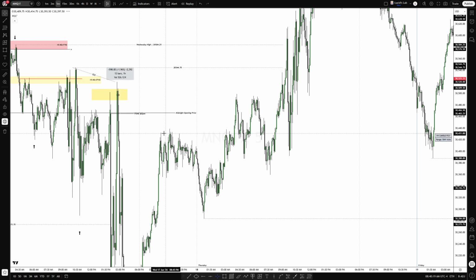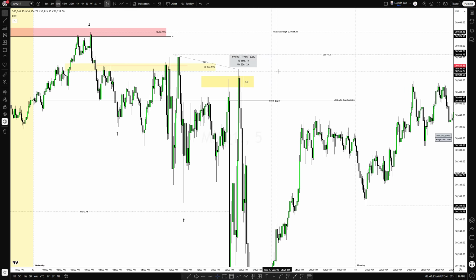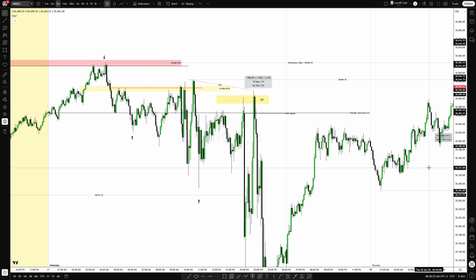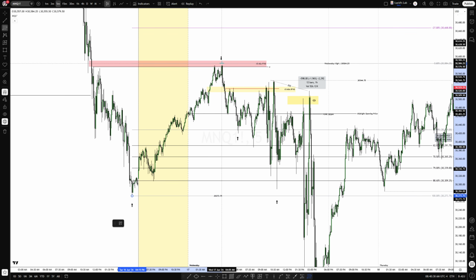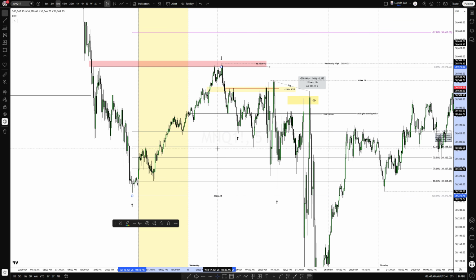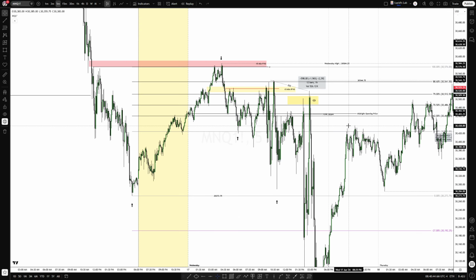So the lower the time frame you go, the clearer the PA. This right here was just a golden zone from a fib that I pretty much had drawn from, I think, this higher end of this range to this low here, which is why it was being used like that, just so I could get an idea of how the market could create a potential area of interest for us going lower.